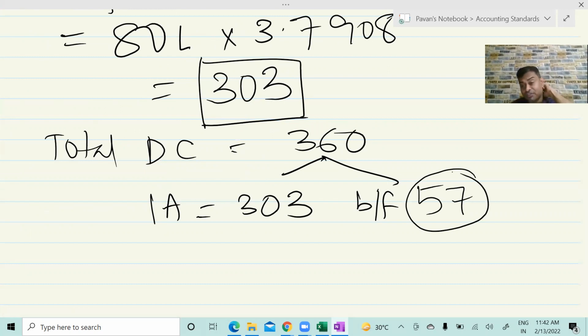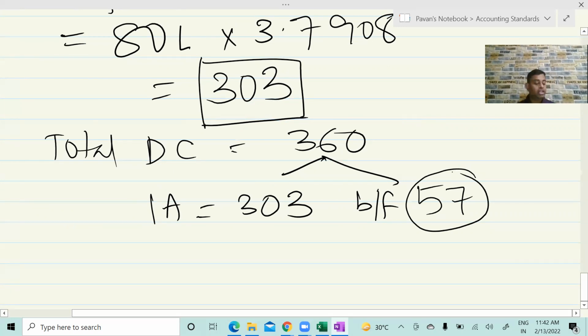So what will you do with this 57? Correct. Therefore, the balance of development cost, that is rupees 57 lakhs, should be charged to P&L.